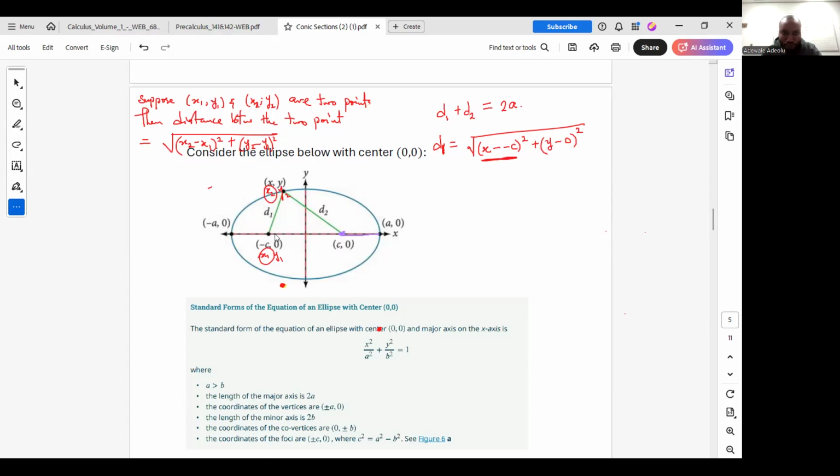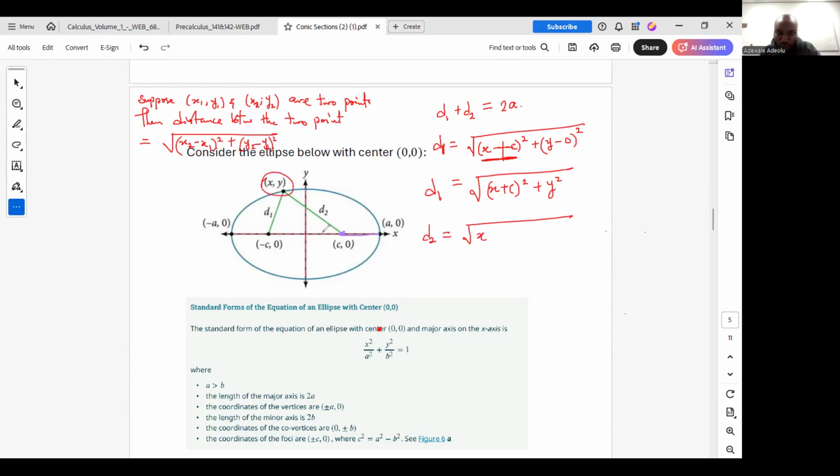Now I will do the same thing for d2. So here becomes x plus c all squared plus y squared. So this is the square root of x plus c all squared plus y squared. That is d1. For d2, I will do the same thing, and I have the square root of x.